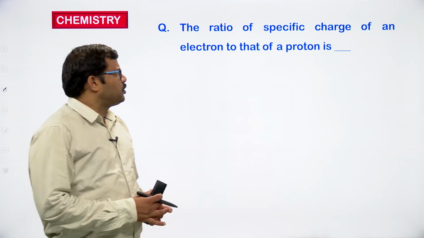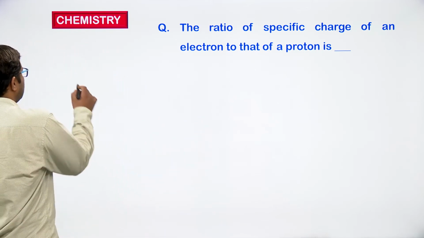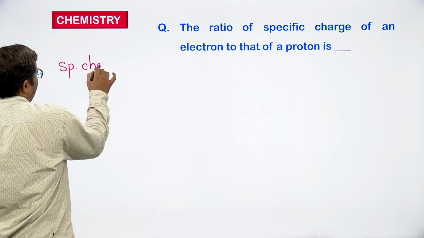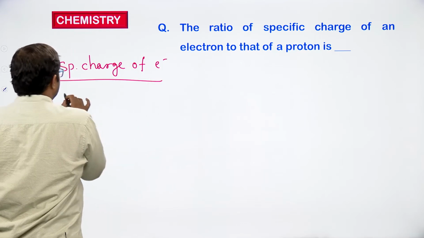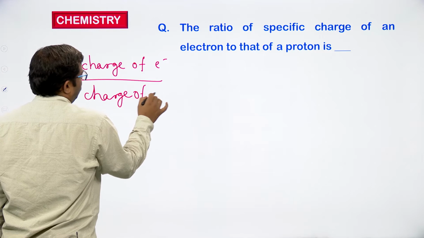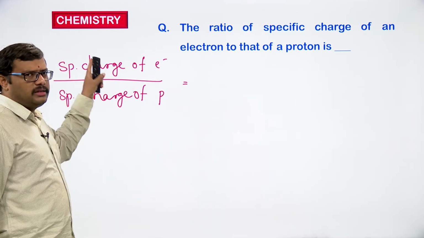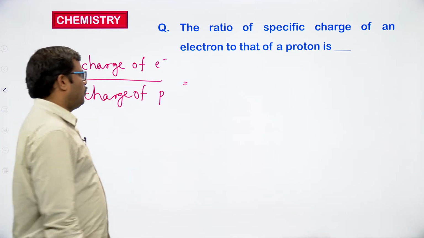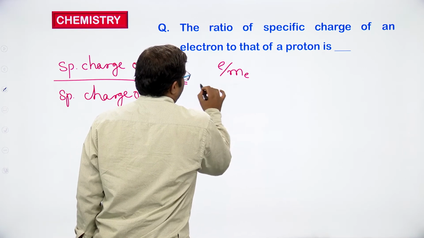The ratio of the specific charge of an electron to that of a proton. They are asking us to calculate the ratio of the specific charge of the electron to the specific charge of the proton. Specific charge we know is taken as e by m.